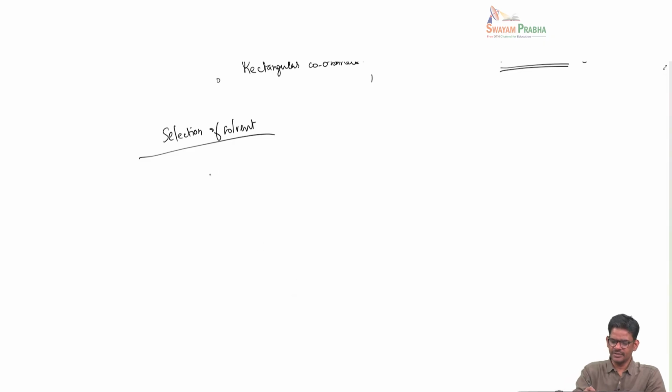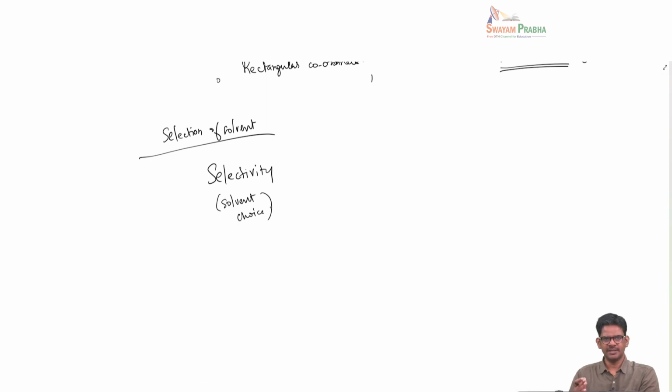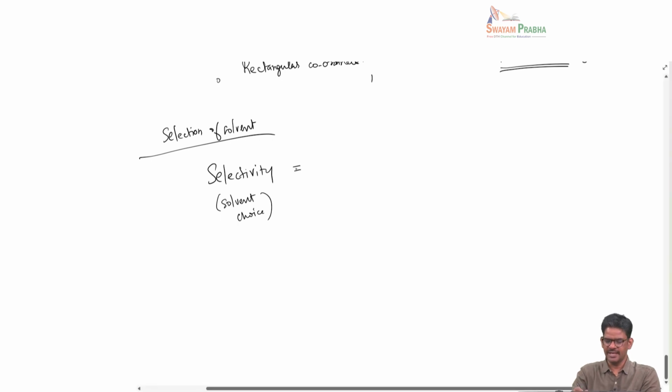So we could define what is called a selectivity, and this is related to the solvent choice. When you choose a solvent, you find the range of selectivity values and then choose based on higher selectivity.